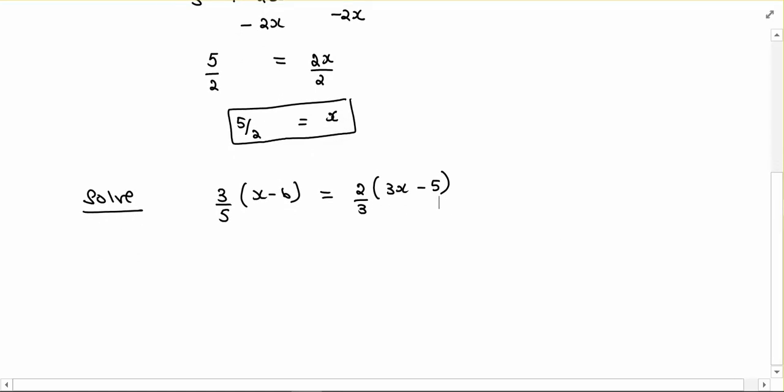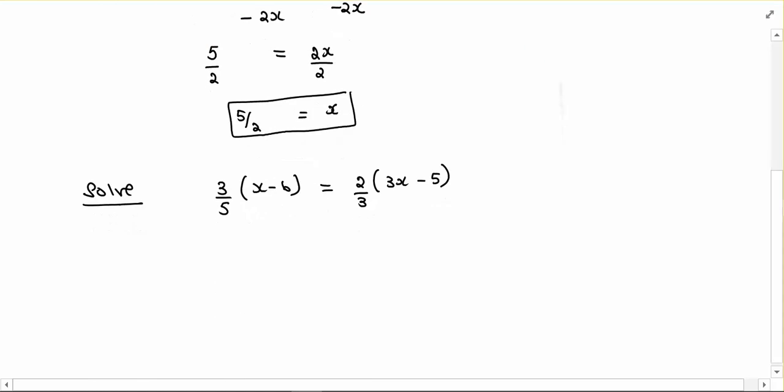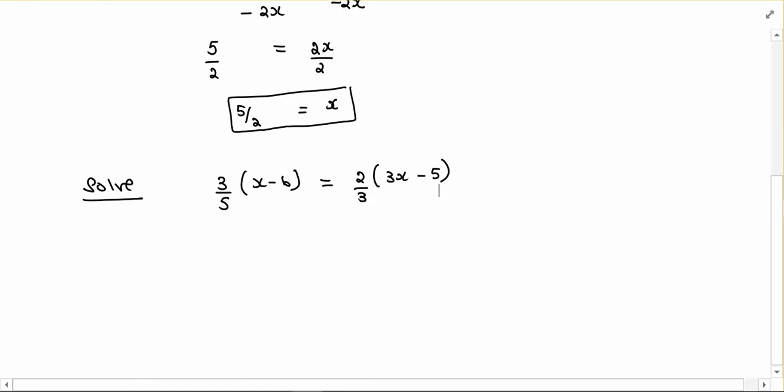So what do we do now? Well, same thing, we're still going to clear the fractions, but I would suggest that right before you clear the fractions, you first distribute, right? So first distribute. So let's go ahead and distribute.